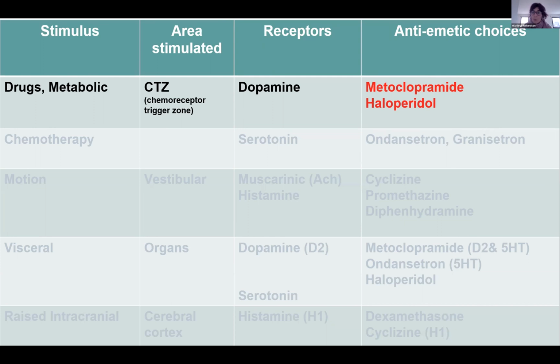Okay, and that's because of where it acts and the neurotransmitters involved in that mechanism. Okay, so for drug causes, metoclopramide might be your first choice, and second choice may be haloperidol.